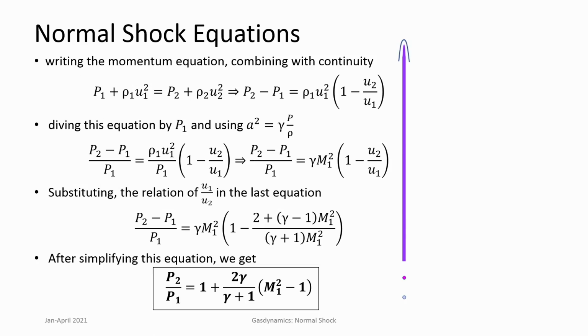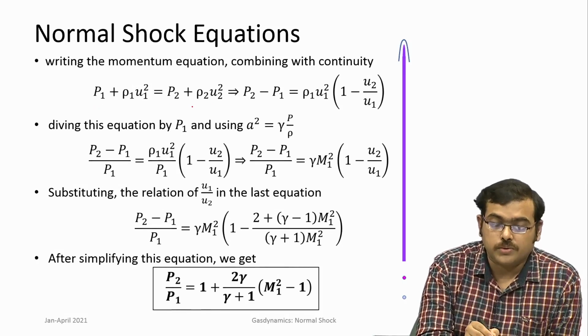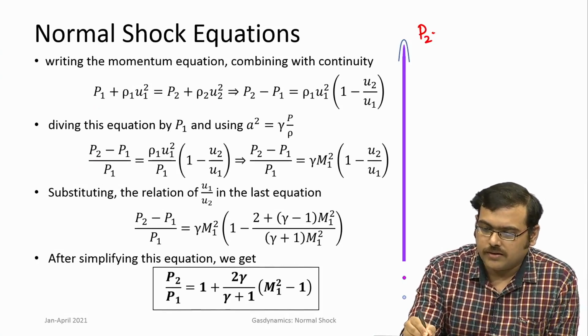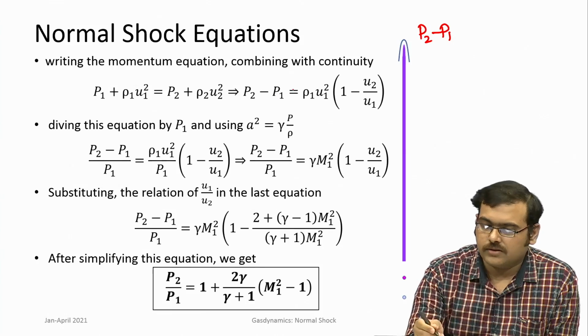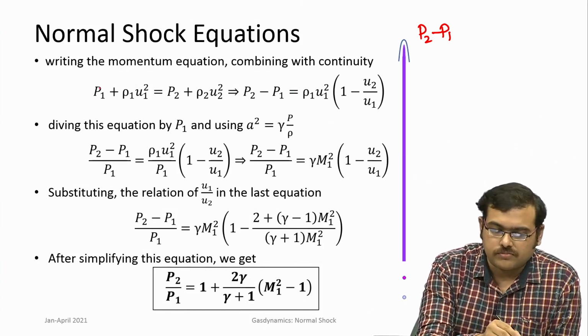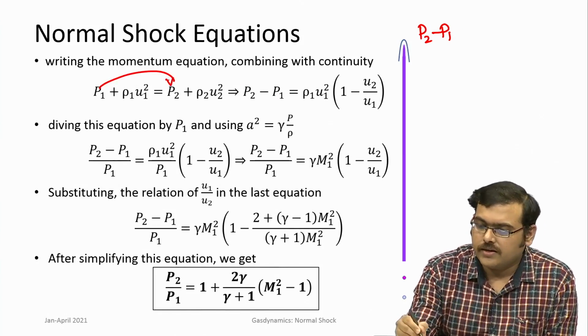Okay. So, here we take the momentum equation again, P1 plus rho 1 U1 square is equal to P2 plus rho 2 U2 square, and move the variables from one side to the other, which gives P2 minus P1 equal to rho 1 U1 square times one minus U2 by U1.